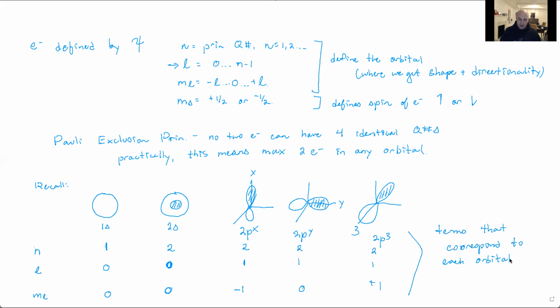Okay, so I'd like to talk a little bit about the relative energies of these orbitals, because this is important. And the answer is that the energy increases as you go from left to right as I've drawn them.